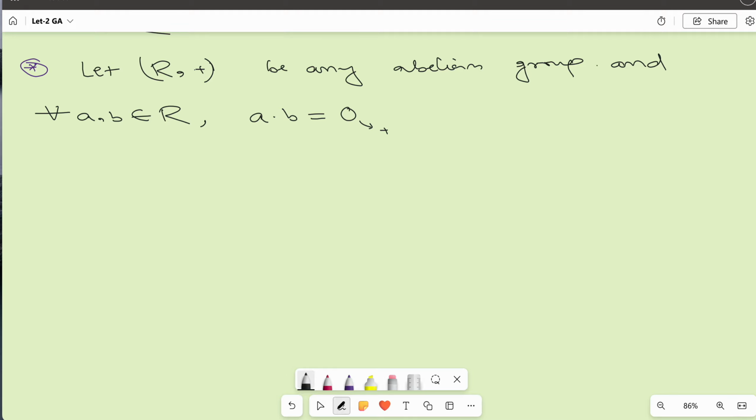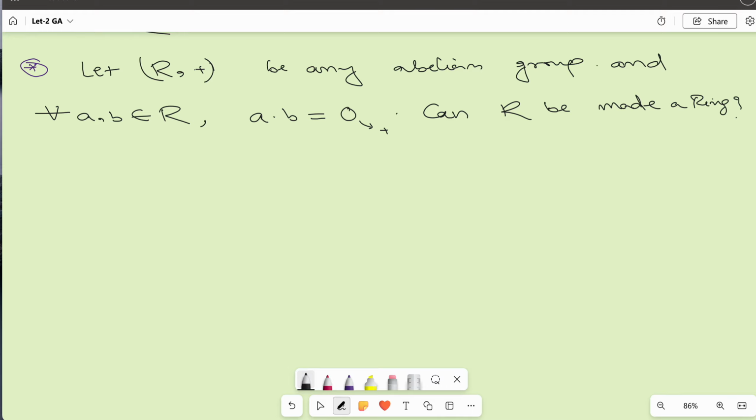That means 0 is an identity with respect to plus, the additive identity, for every pair. So can R be made a ring? This is my question.